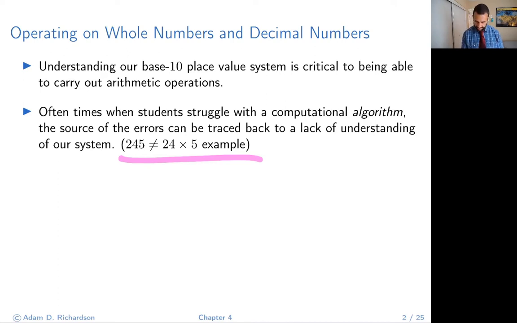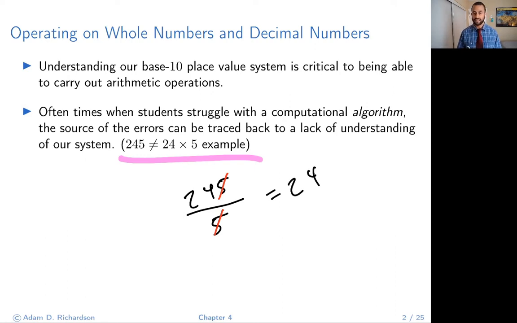I think we had to compute something like 245 divided by 5, right? And I was like, okay, so you could reduce that, you can cancel some factors, what would you do? And they were like, oh yeah, yeah, and they went like this. And they said, oh, this must equal 24.